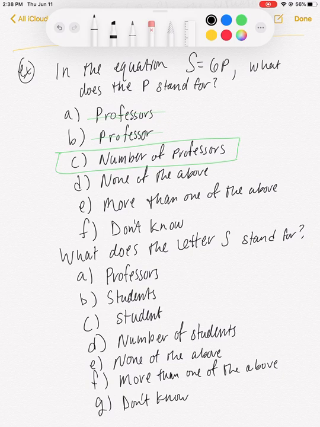Okay, now that you've done that, let's go ahead and see what we have. Now S stands for nothing to do with professors. S represented the students, right? Or not just the students or the student, but the number of students, okay? So that's the answer. Okay. So the number of students, the number of professors.